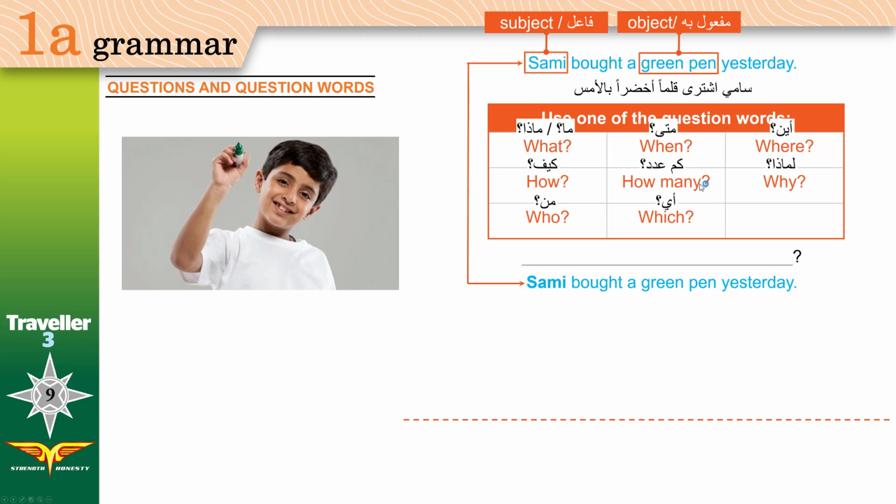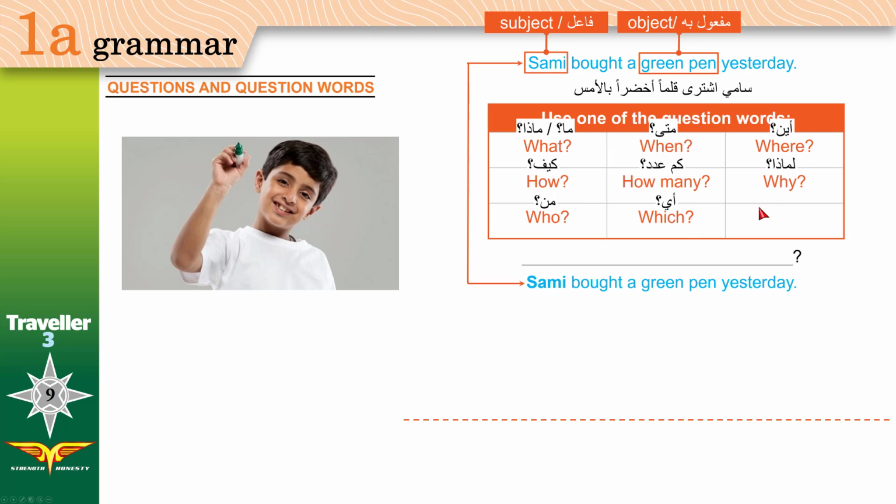We can also use how much for uncountable nouns, why to ask about the reason, who to ask about a person, which to ask for more information about someone or something from a definite set. The answer here is Sammy.